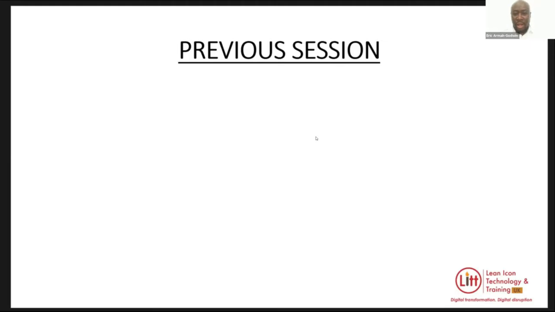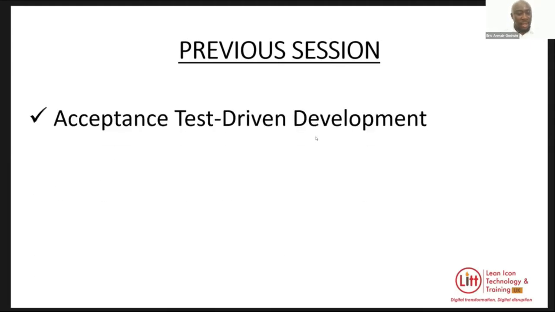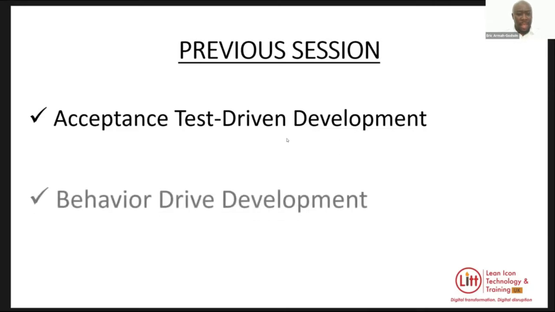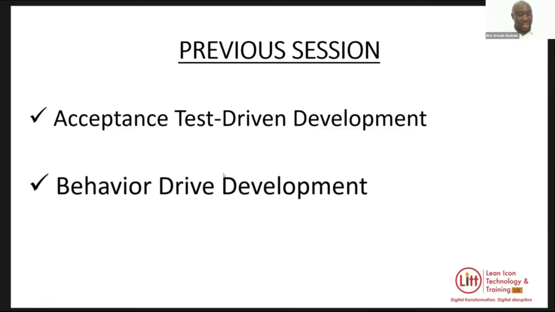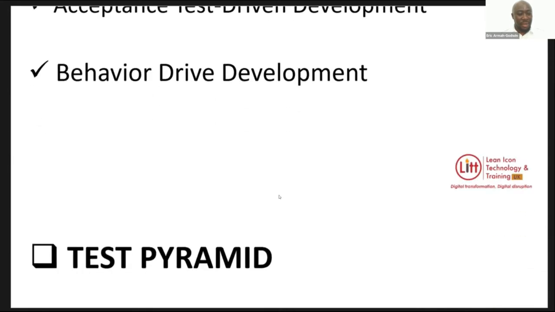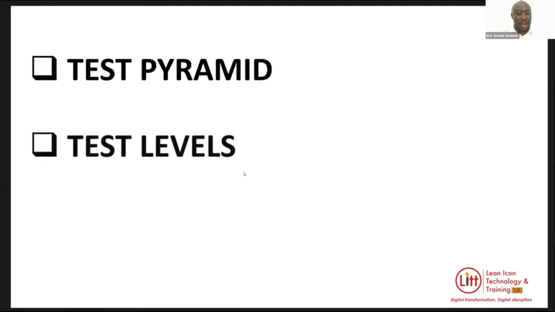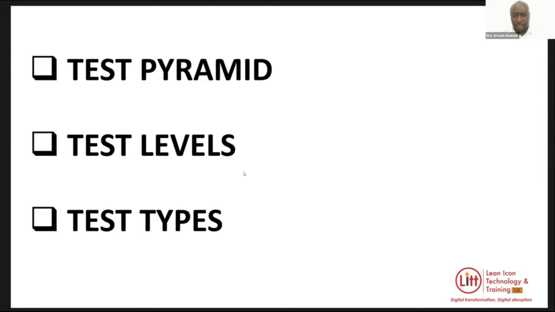Previously, that was last week, we looked at acceptance testing, acceptance test driven development, and behavior driven development. Today we are going to be looking at the test pyramid, test levels, and test types.